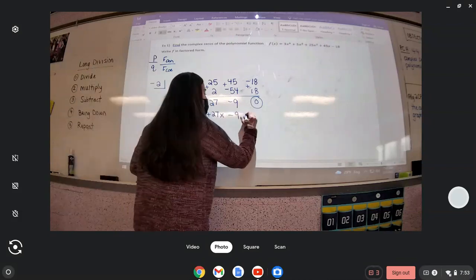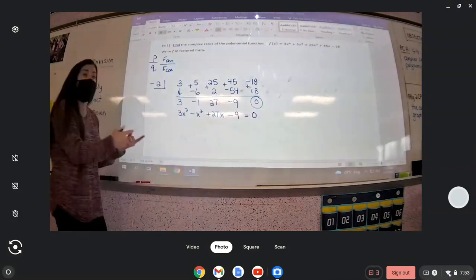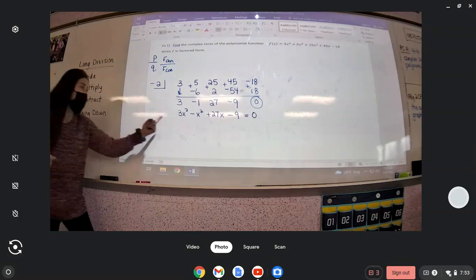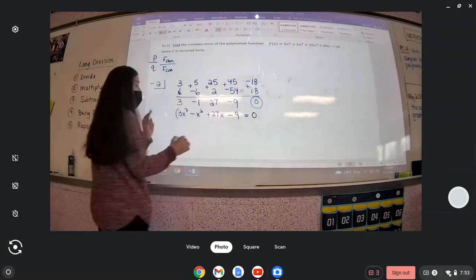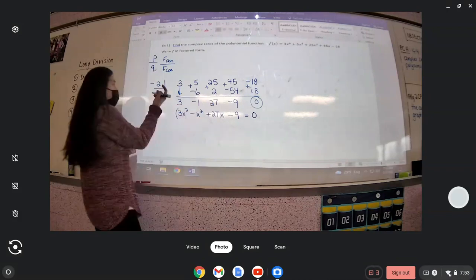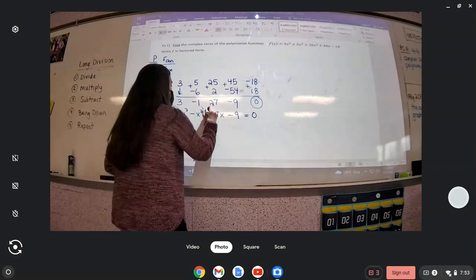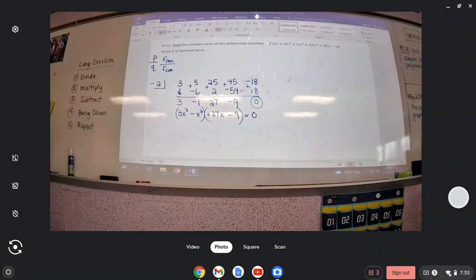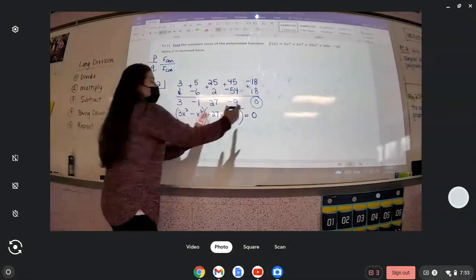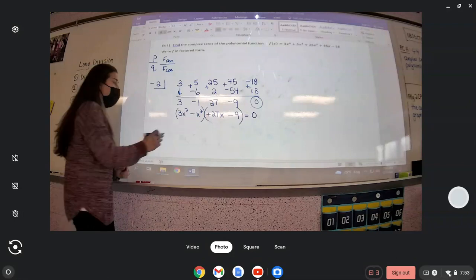So I'm going to set this degree 3 equal to 0, and I'm going to see if it factors by grouping, because it looks like they got a lot in common. So if we factor it by grouping to get the last 3 zeros, because we already know -2 is one of them, let's see what we got. Group the first 2, group the second 2, and look for individual GCFs for each group.